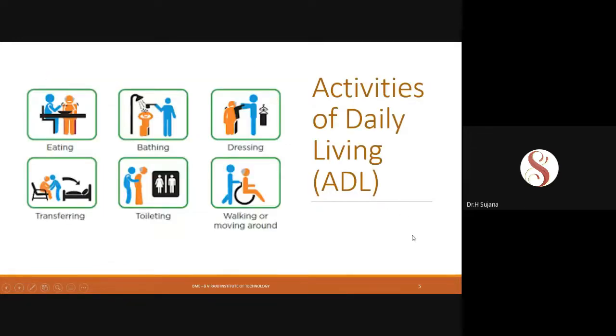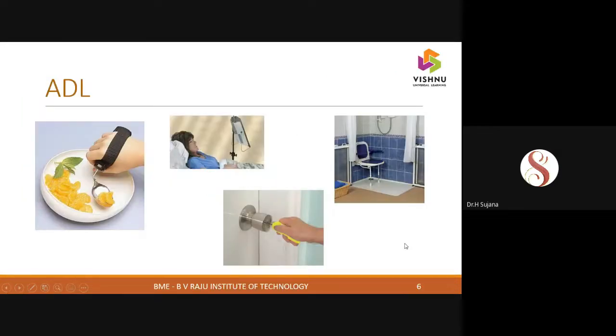When I say activities of daily living, it's the daily things everybody does, like eating, bathing, dressing, and toileting. They are very simple for us, but just think of a disabled person trying to do these activities. It's very difficult for them without a caretaker. I have put a few figures here which show simple ADL, short for activities of daily living.